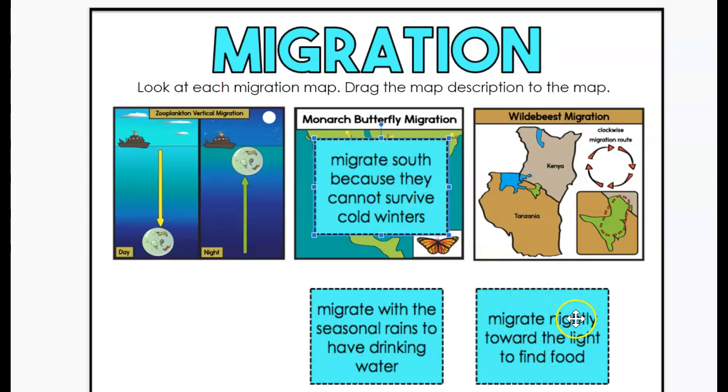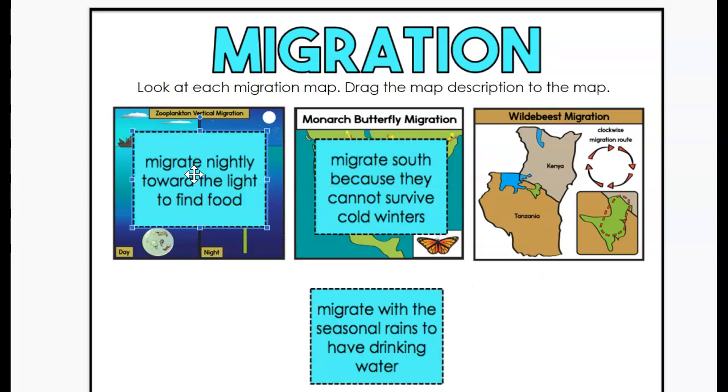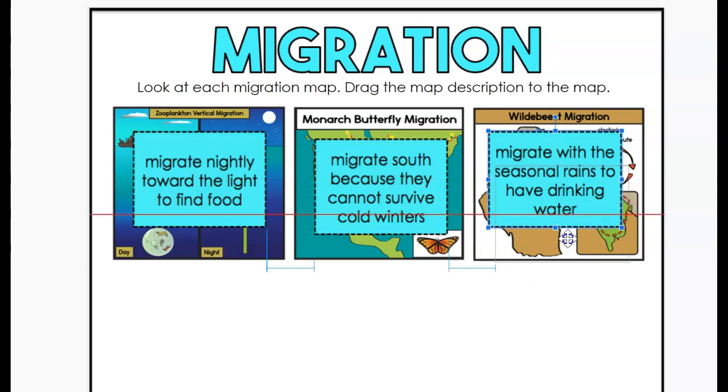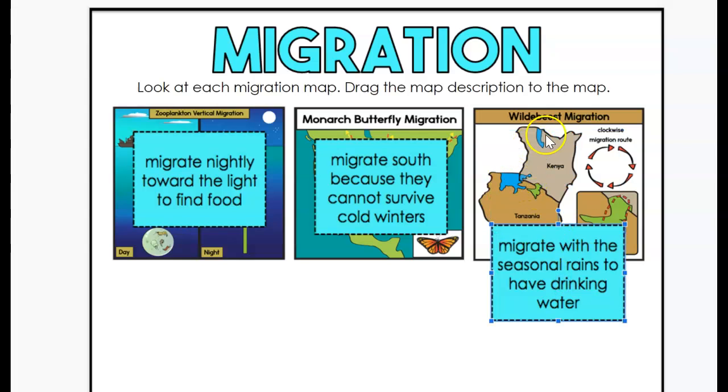These animals migrate nightly towards the light to find food. Those are the zooplankton. And these animals migrate with the seasons, rains to have drinking water, and that is the wildebeests. You can kind of see that there's water here and water up there, and that's why they're traveling around to find their water.